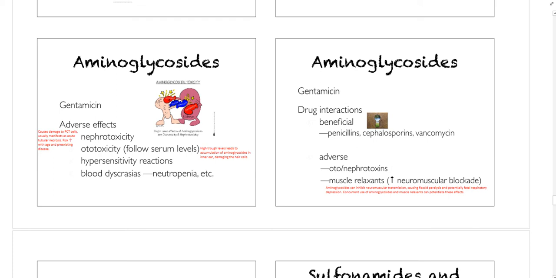Once those hair cells are damaged, there's no going back, they are done. There's of course also the potential for hypersensitivity reactions and blood dyscrasias such as neutropenia.